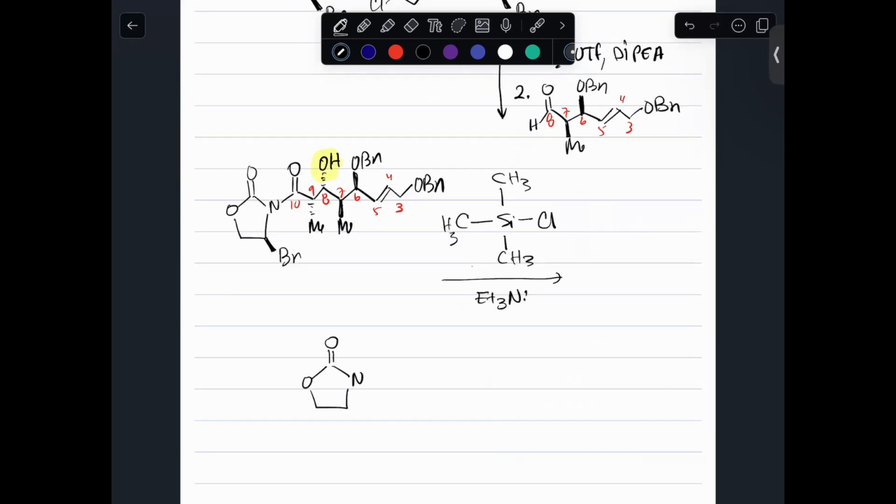Typically, we use different protecting groups because we, in general, want to do certain reactions to some alcohols, so some groups are easier to remove.